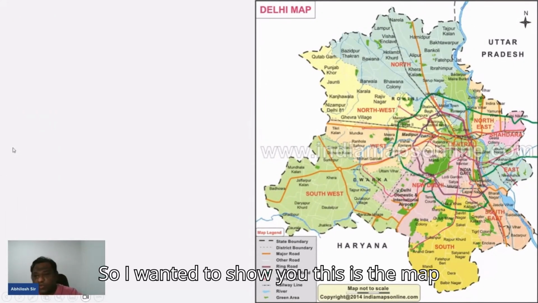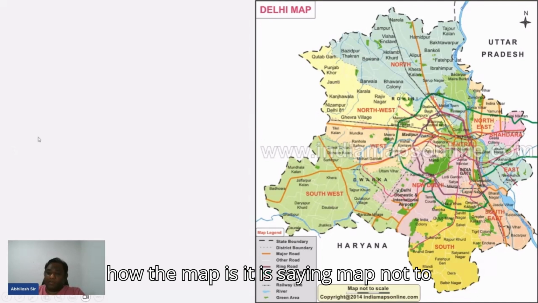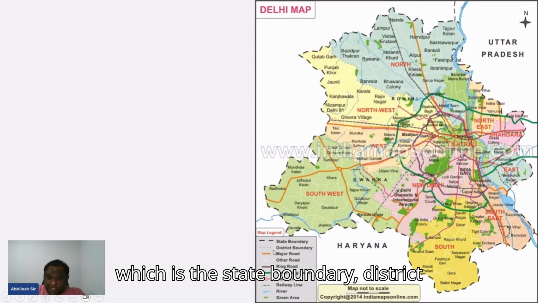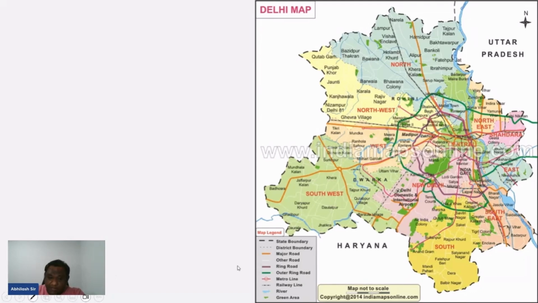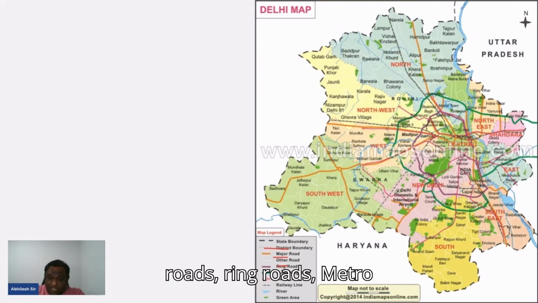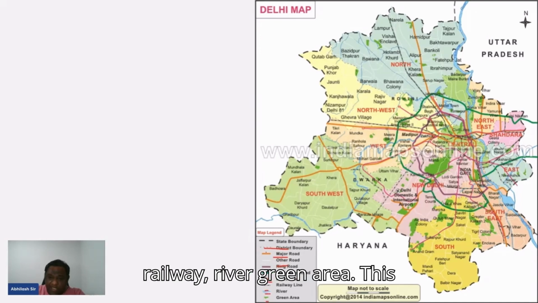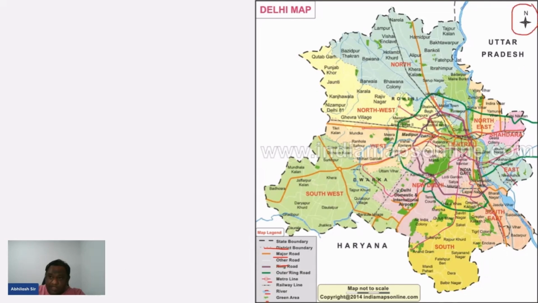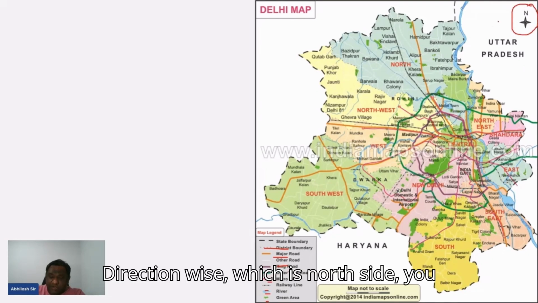I wanted to show you this map; it says map not to scale. And this is the map legend, which shows the state boundary, district boundary, major roads, other roads, ring roads, metro, railway, river, green area. This is what a map is. This is the coordinate direction, which is the north side.